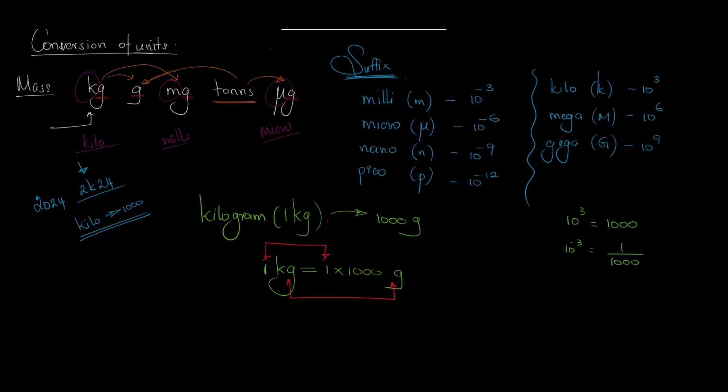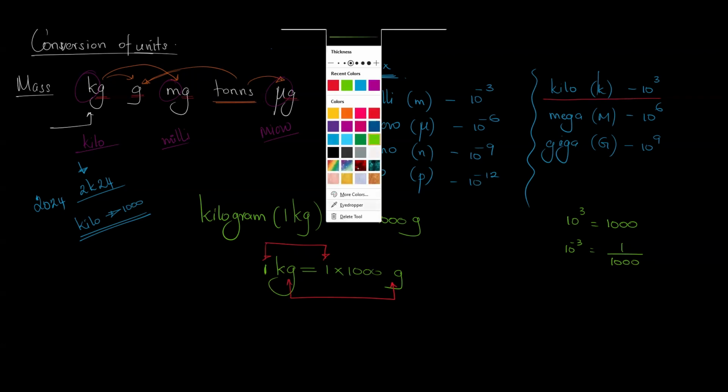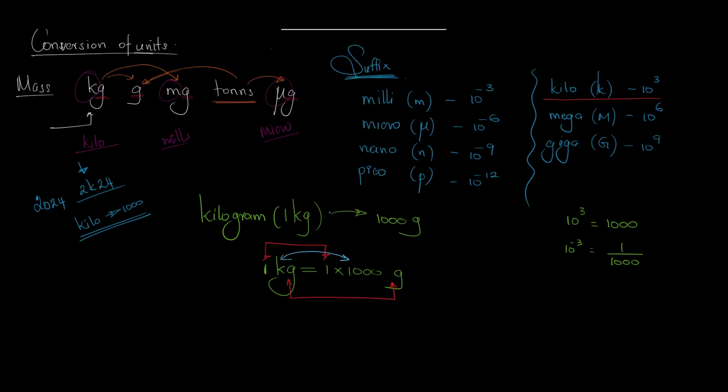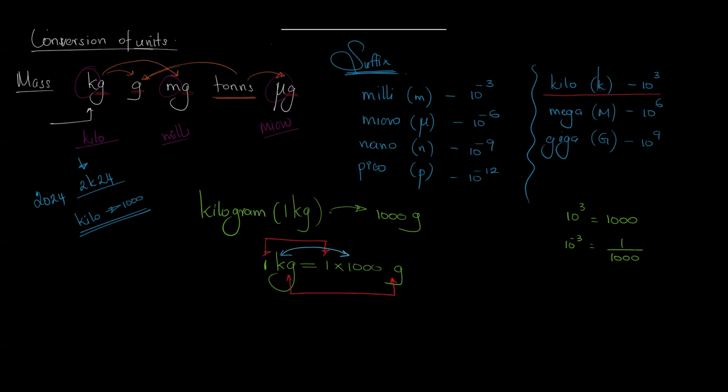Instead, I have the 1,000, which is right because kilo is 10 to the power of 3, which is 1,000. So instead of the kilo, we have introduced the 1,000. Does it make sense? So you just substitute whatever the suffix with the corresponding numbers.